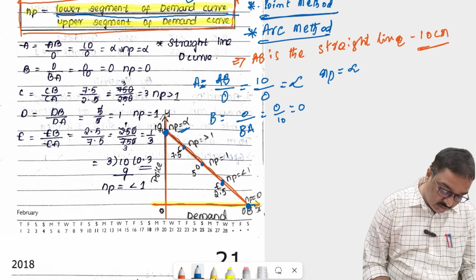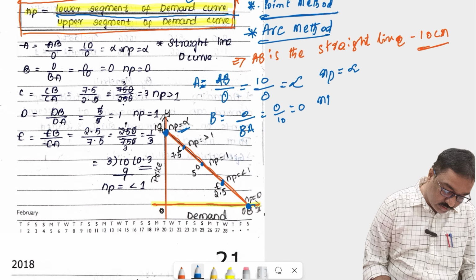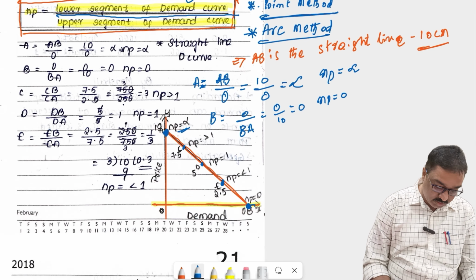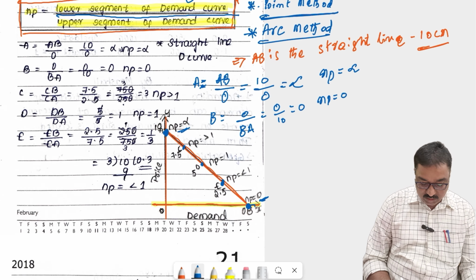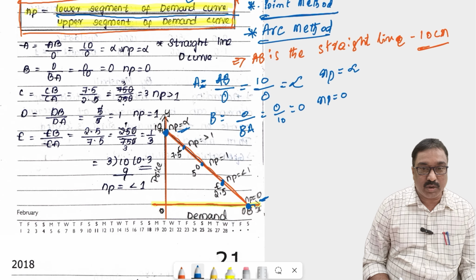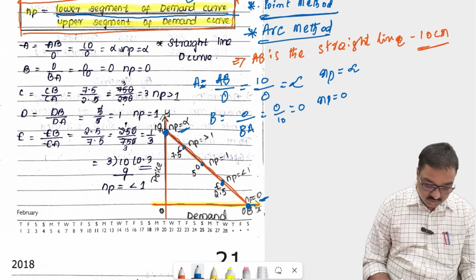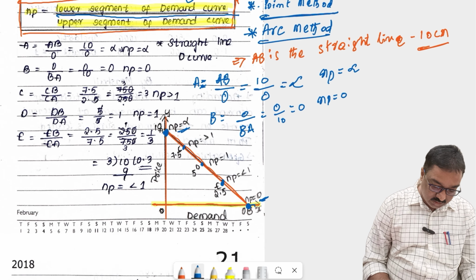That is, Ep is equal to 0. At the point B, the price elasticity of demand is Ep equal to 0.